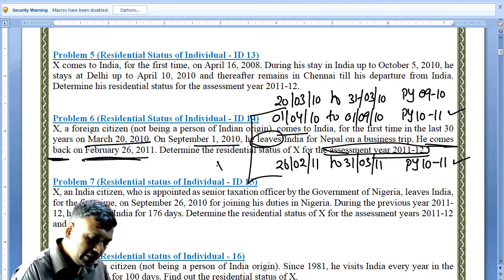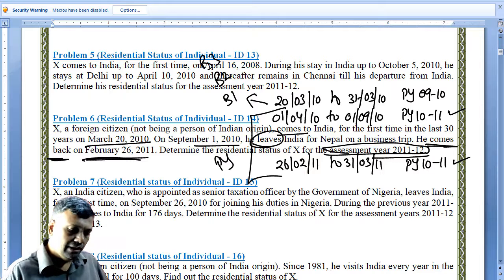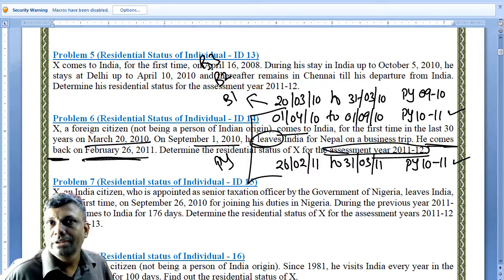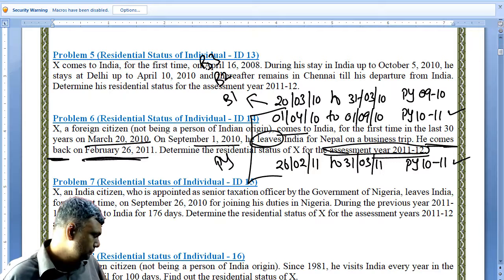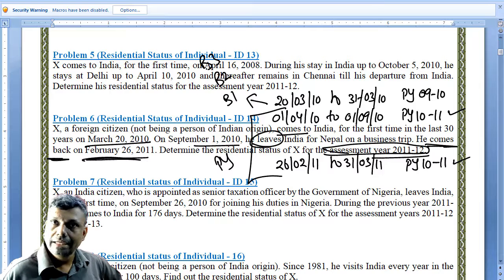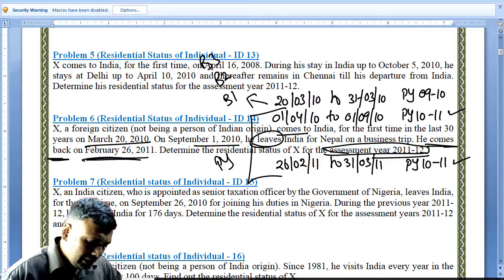So this is your previous year data and this is your before year data. He comes to India only for the first time. So before that, he is not in India, so you can take before that as nil. That's okay. So let's go ahead and develop the answer slowly.